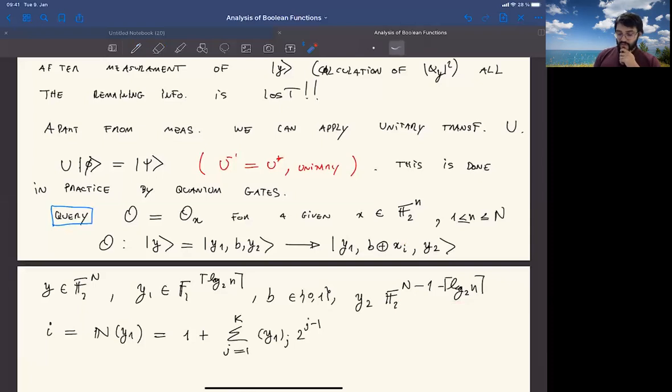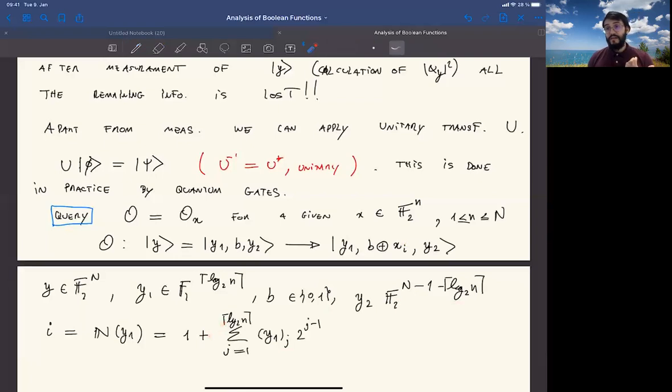So if y1 is everything 0, for instance, this thing is 0, and this is just 1. If y1 is everything 1, then this is 2 to the k minus 1, which plus 1 is 2 to the k. But what is k? k would be this guy. So it'll be 2 to that number.